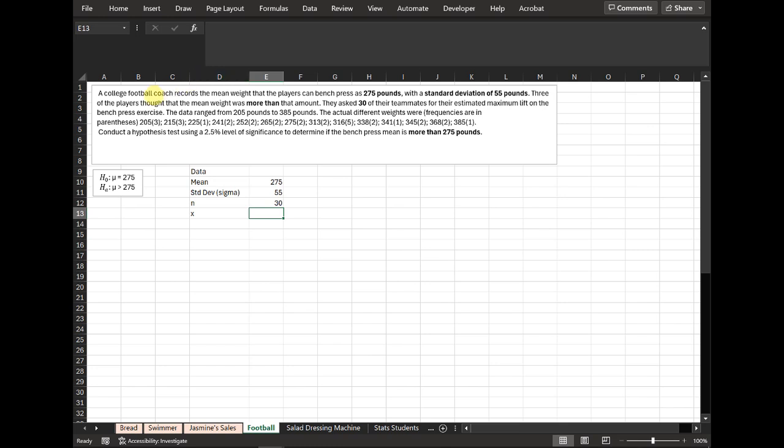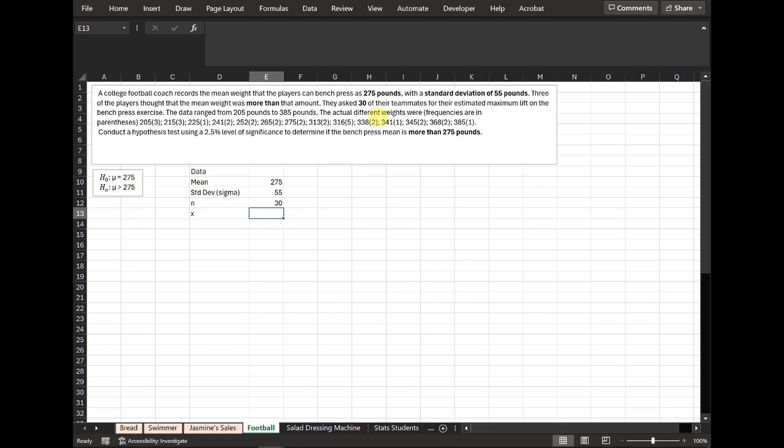The college football coach says the bench press really is 275, and "is" would mean equals. So that's why it's an equals. If you wanted to turn this into a less than or equals, I don't think that's the worst problem. It's just that this is more exact for the way the language is set up. And then the players thought that the mean weight was more than that amount, so clearly that tells us we want the alternative to be greater than 275. Okay, so just a note on the hypotheses.